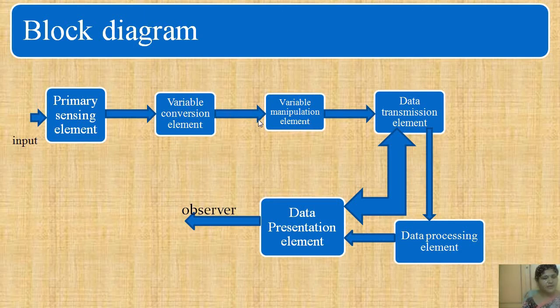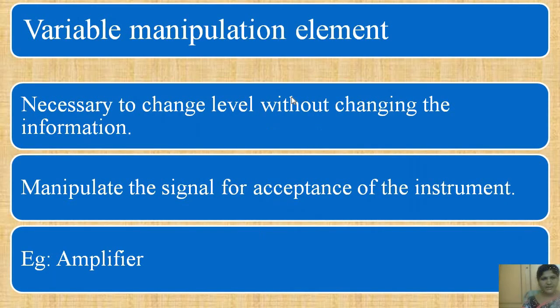Now we come to the variable manipulation element. Sometimes it is necessary to change the level of the signal, like if the signal has low amplitude and we want to increase the level of that amplitude, so we amplify that signal.